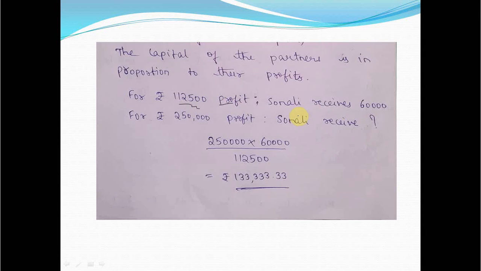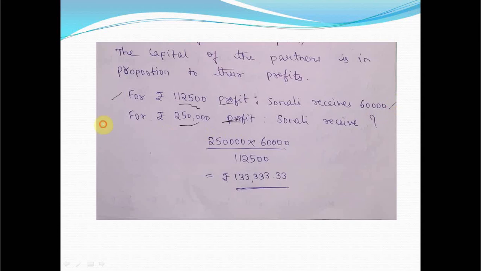We know the total profit is 1,12,500, so we'll frame an equation here. For 1,12,500 total profit, Sonali receives 60,000.